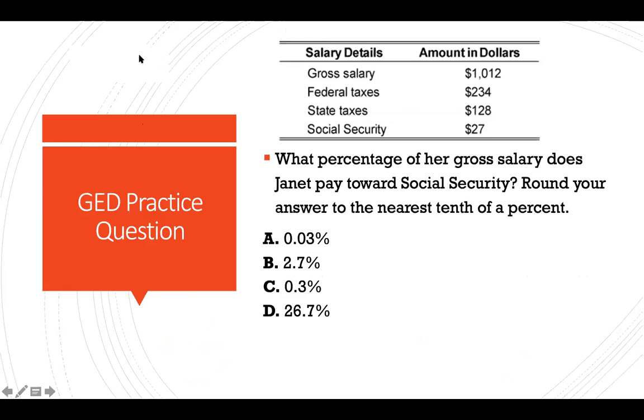All right, so we have a chart here, and this is Janet's salary information. It has her gross salary, her federal taxes, her state taxes, and her social security. What percentage of her gross salary does Janet pay toward social security? Round your answer to the nearest 10th of a percent.